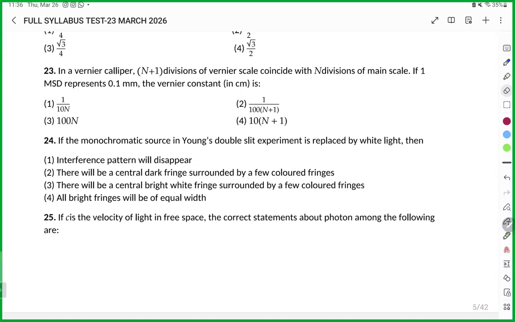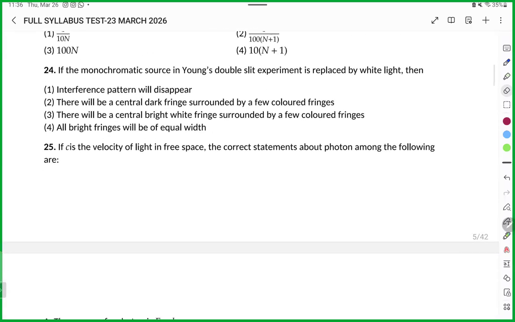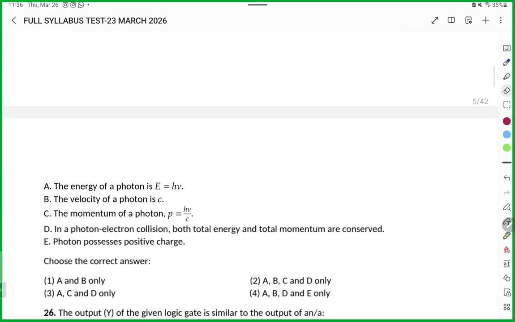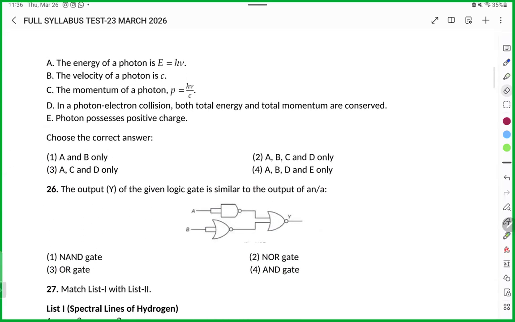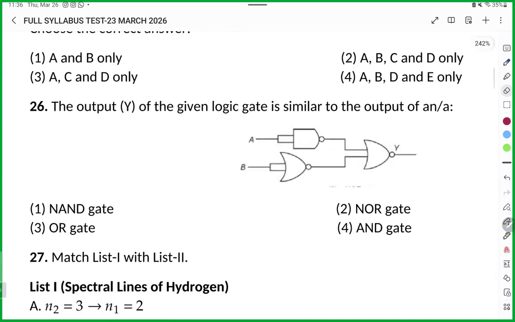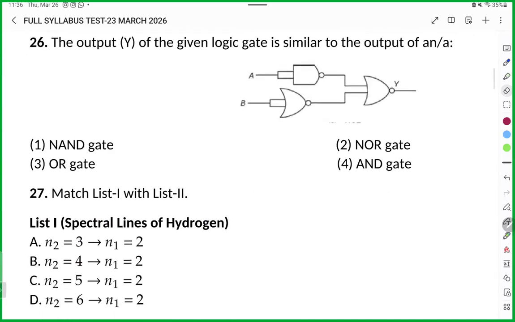I think we'll be able to solve 23rd, 24th, 25th questions, three questions we can solve next, and the 26th also because we did logic gates recently on the same topic. Before doing the 22nd, 23rd, do this question because we did logic gates recently.